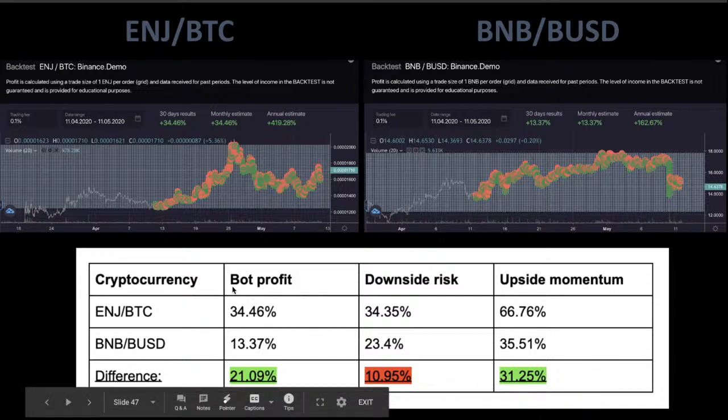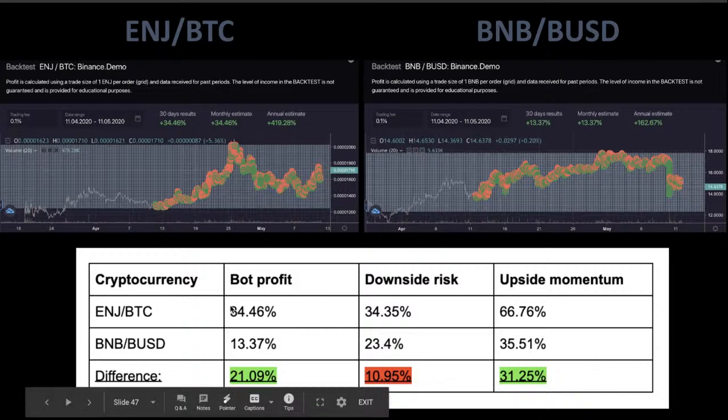If we compare the bot profit, the added value of NG generated here outperformed BNB by 21%, but the risk for this 21% of added value was an extra 10% of risk.